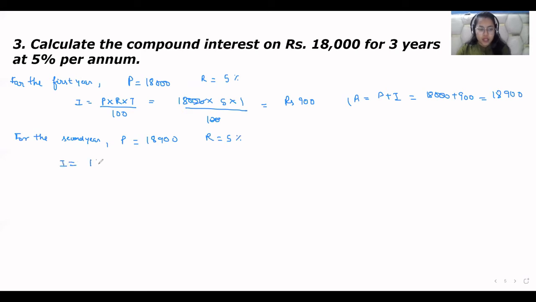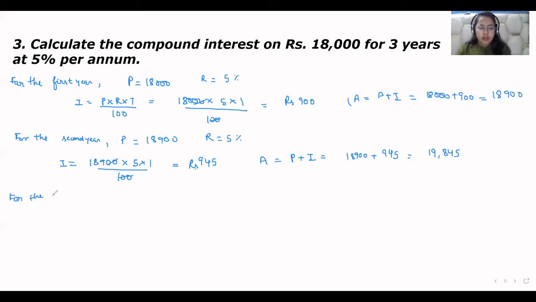So our interest is 18,900 times 5 times 1 over 100. After eliminating the zeros of 100 with 18,900 and multiplying 189 with 5, we get 945 rupees. So what will be our amount in this case? Principal plus interest: our principal is 18,900 and our interest is 945, and we get 19,845.